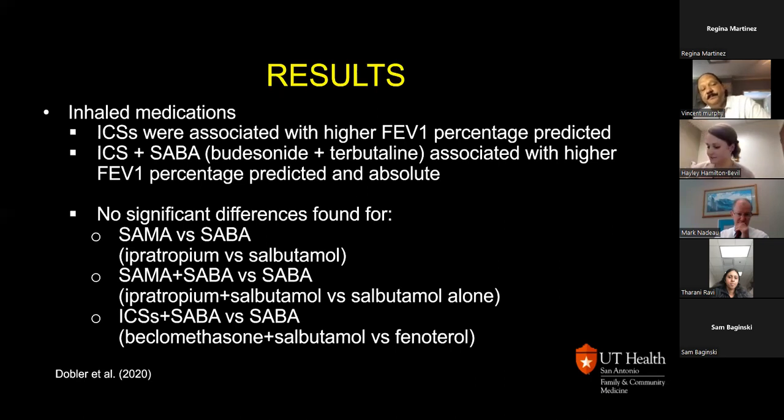There were not significant differences found for the rest of the inhaled medications, all those different combinations of SAMA versus SABA, and then combining them, they just didn't find significant differences there. So really the only helpful ones that they found were the inhaled corticosteroids, plus or minus the short-acting beta agonist.